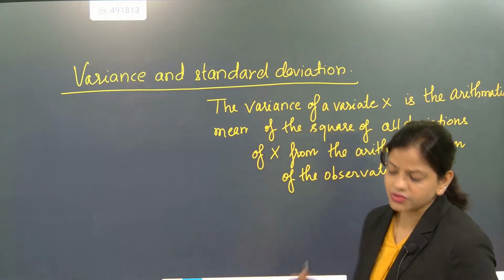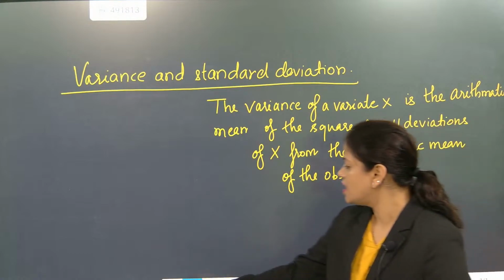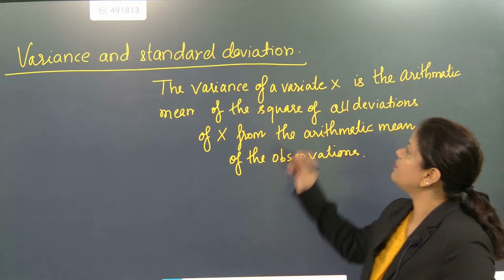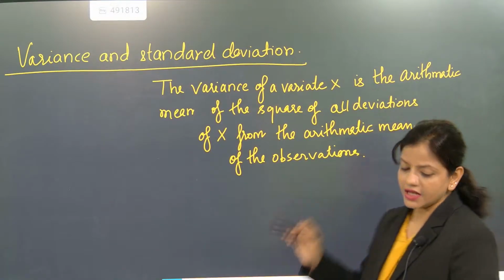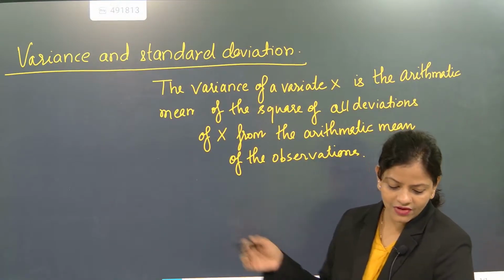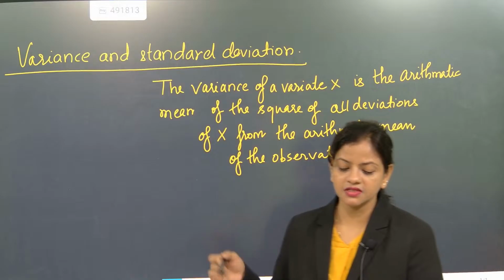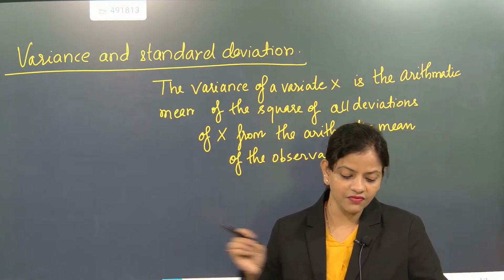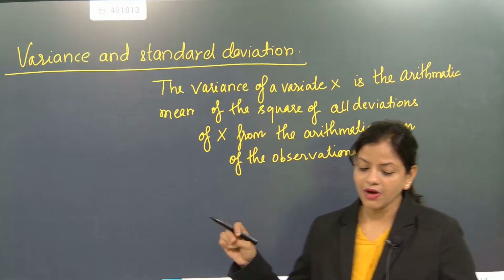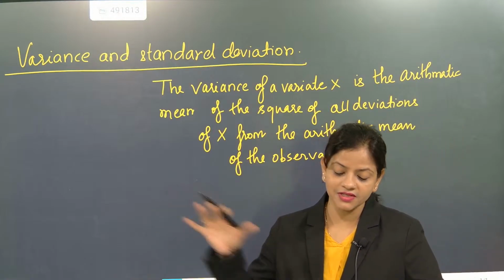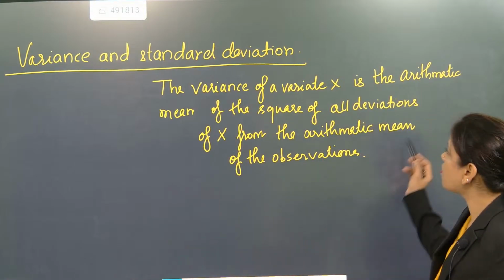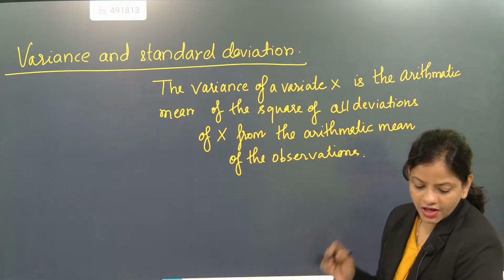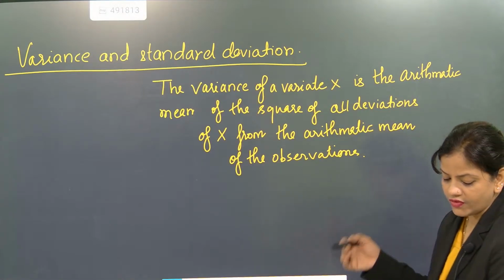So now here also, variance and standard deviation are part of central tendency. The variance of the variate x: once we solve, I will explain how this variate x is coming. The variate x is just the deviation, understood or not? Whenever that variate x comes, that part we have to square, and that is called variance.